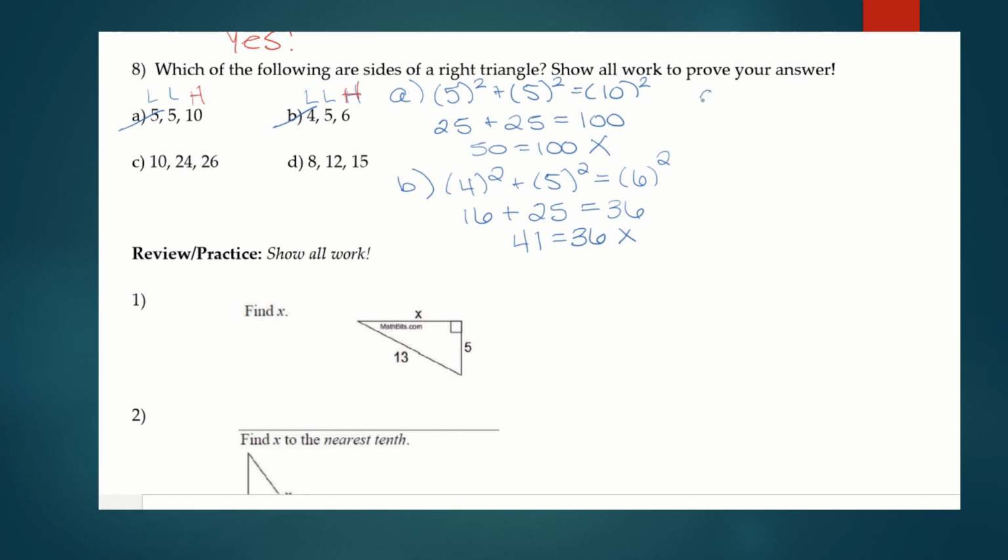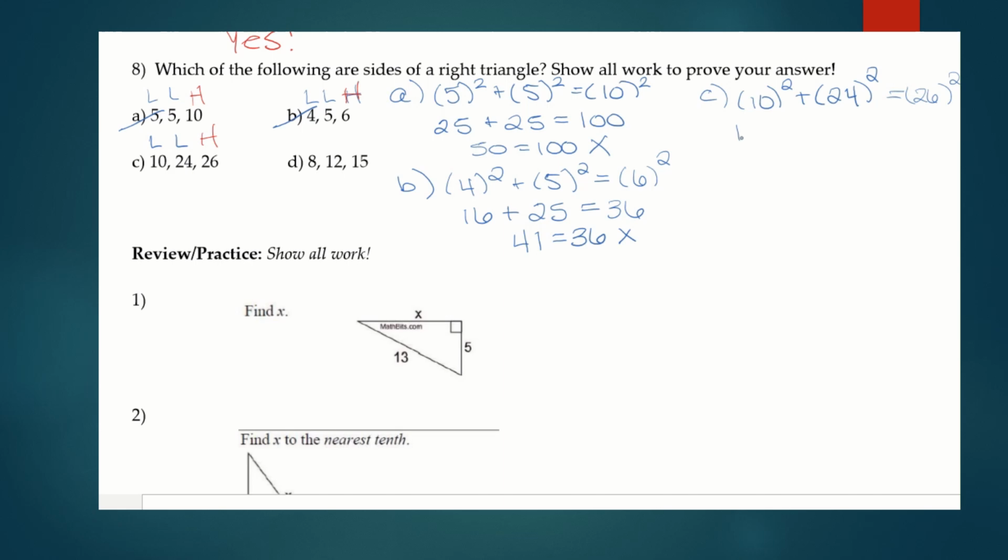Looking at C, I have side lengths of 10, 24, and 26. So if that's the case, 10 and 24 would be my legs because they're the shortest two sides, and 26 would be my hypotenuse because it would be the longest side. So plugging into the Pythagorean theorem, both legs squared, added together, do they equal the hypotenuse squared?